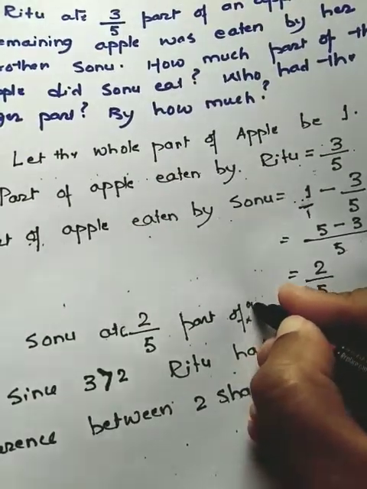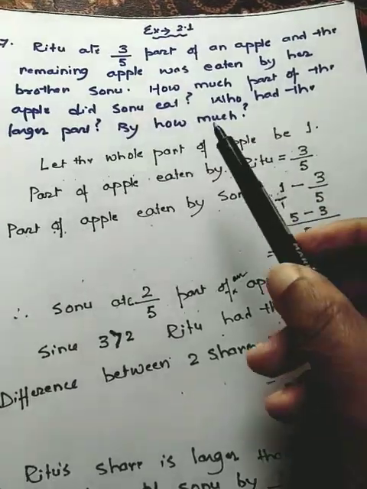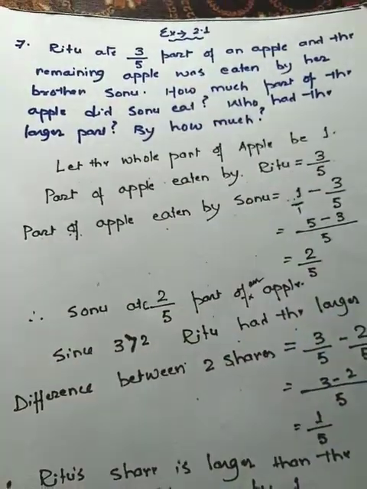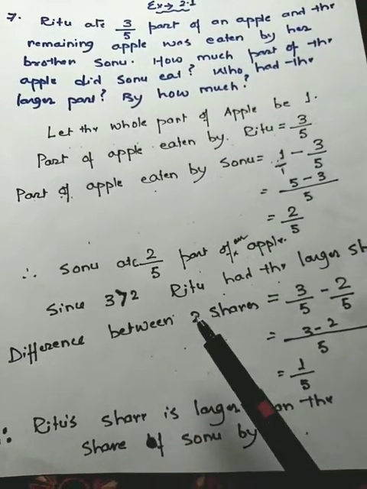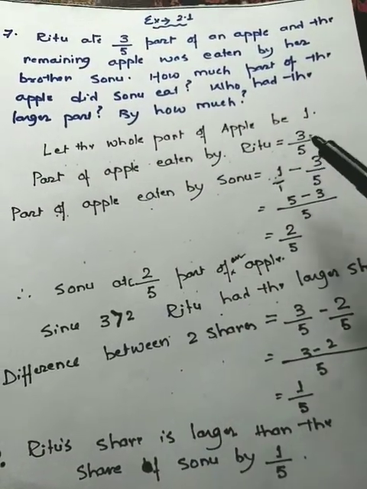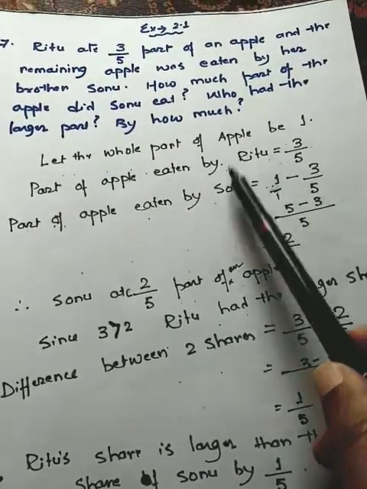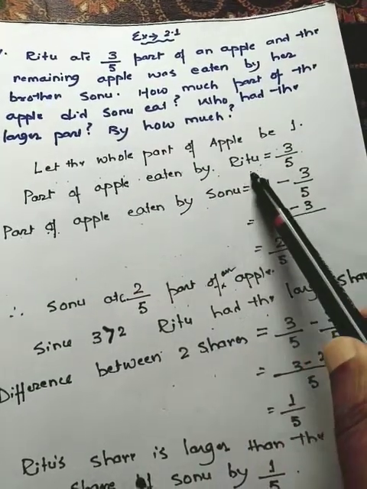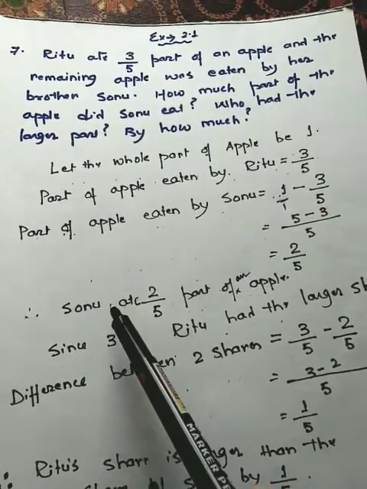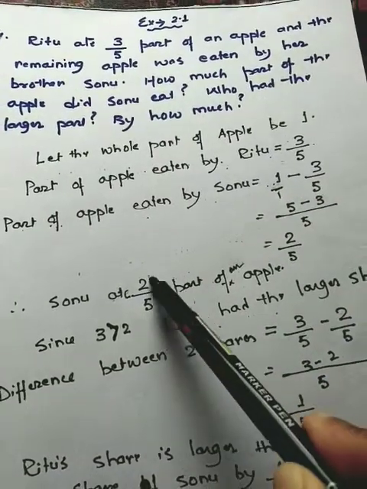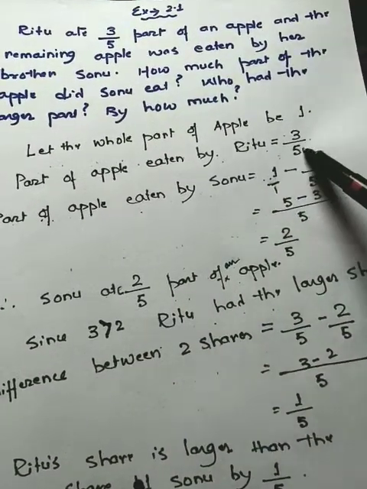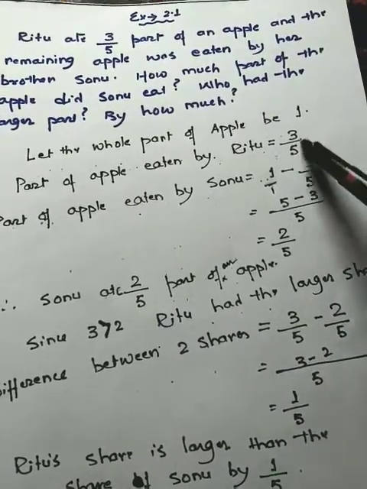This is the answer to how much part of the apple Sonu ate. Now what is the next question? Who had the larger part? The part of the apple eaten by Ritu is 3 by 5, and Sonu ate 2 by 5. Both fractions have the same denominator, so how do we compare them?